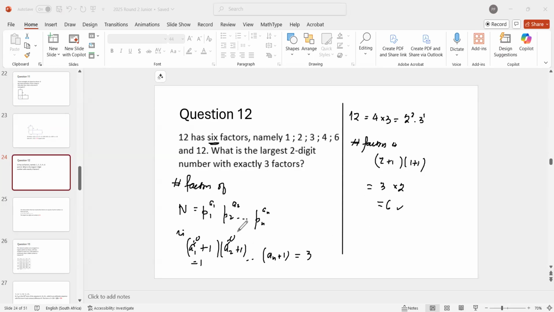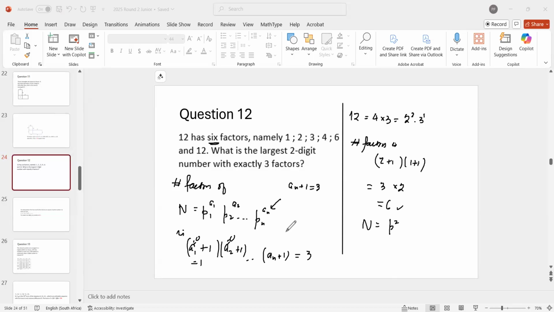So n is equal to your original n, if these indices are 0, then all this is 1, and there's only one prime, and there, that index, let's say an plus 1, is equal to 3. So the an itself will be 2. Okay, now you have to just go over that again.